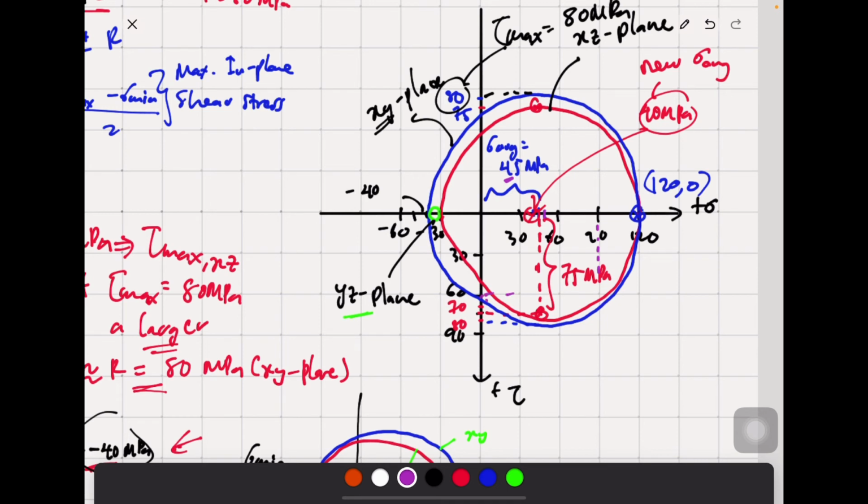So obviously my drawing is not drawn to scale, but I would like to point out that this line here, if you draw it properly on graph paper, you're going to hit sigma z equals 0, right? And this should be 60 according to the scale.